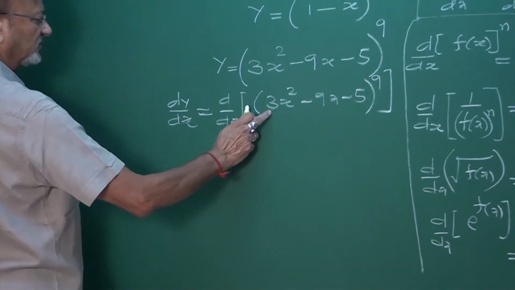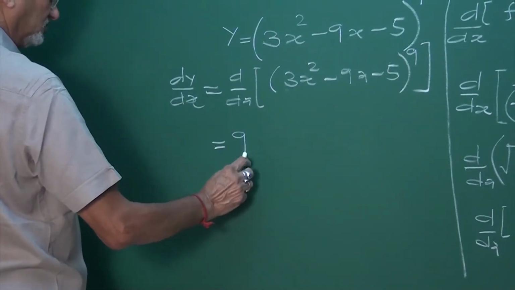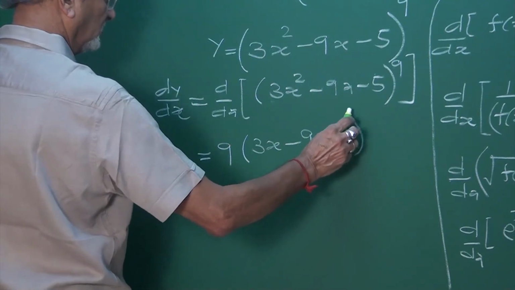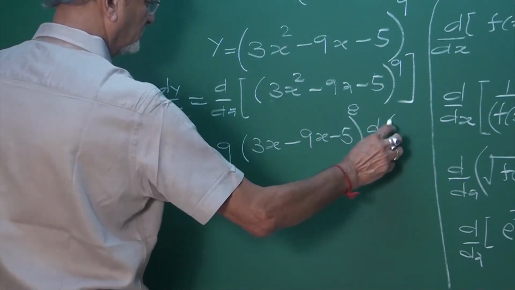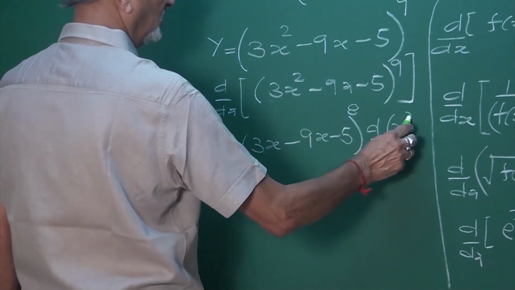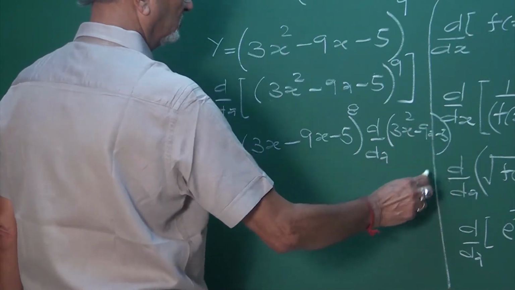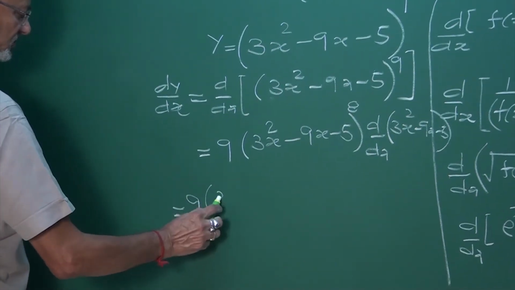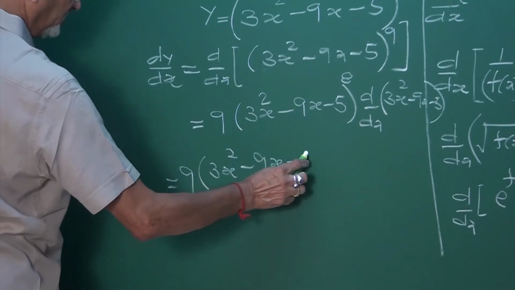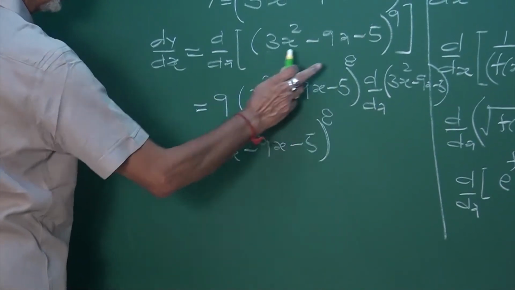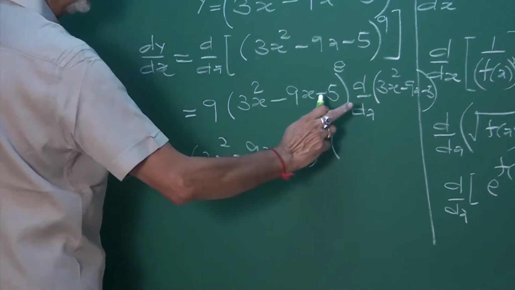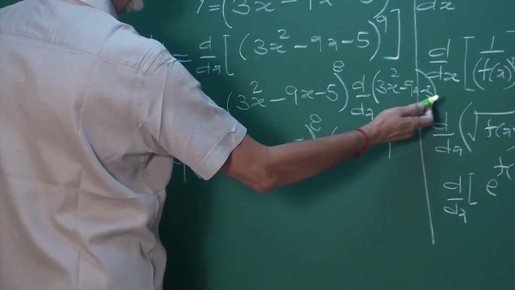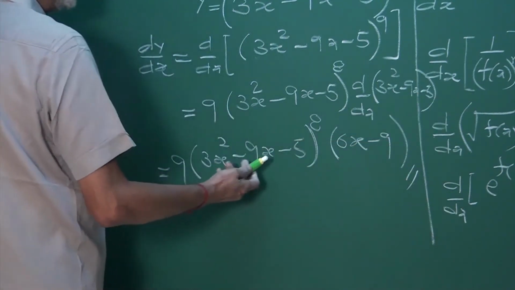It equals n into f(x) to the power n minus 1, that is 9 into (3x square minus 9x minus 5) to the power 8, into the derivative of the bracket. The derivative of 3x square is 3 into 2, of 9x is 9, and of minus 5 is 0. Don't write it. This is the answer, my friends.